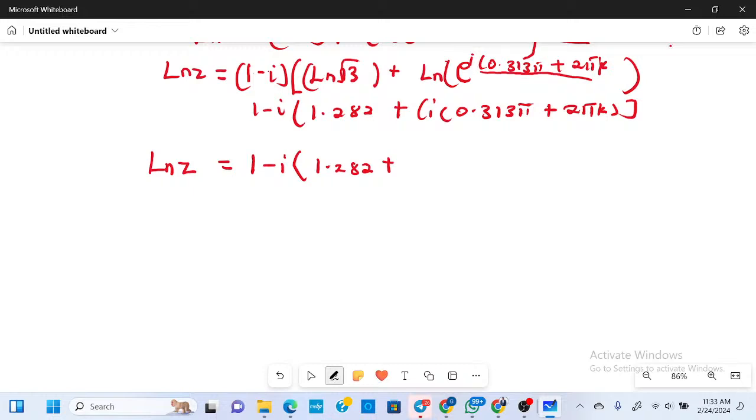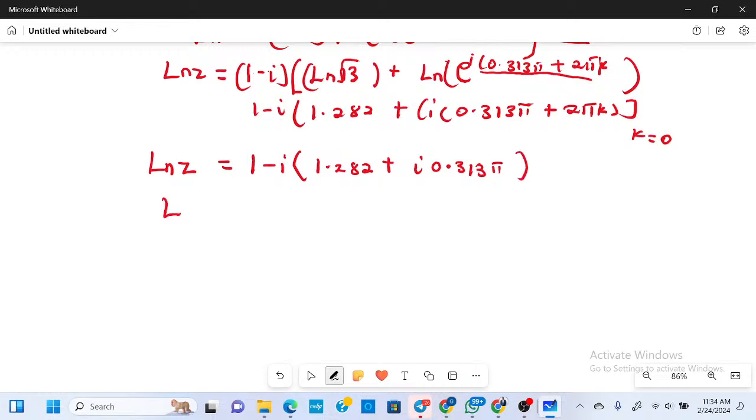Let me find the principal argument of this, so let me find it when k is equal to 0 to solve this. So when k is equal to 0, I'll have i times 0.313 pi.